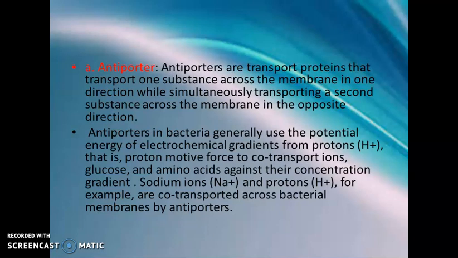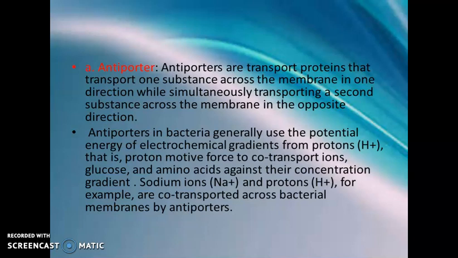And in bacteria, which type of energy do antiporters generally use? The potential energy of the electrochemical gradient from the protons, that is the proton motive force, to co-transport ions, glucose and amino acids against their concentration gradient.